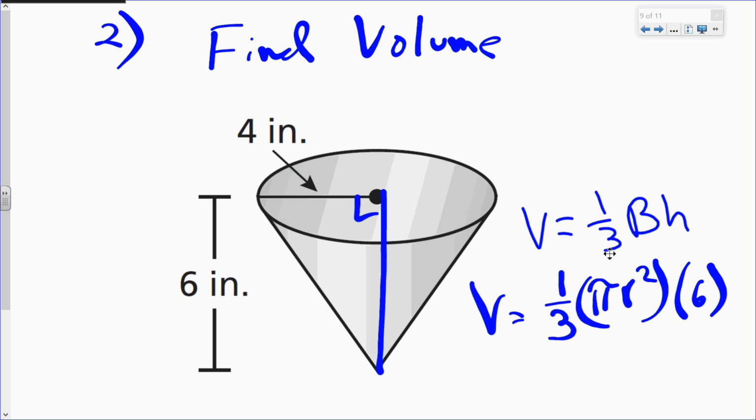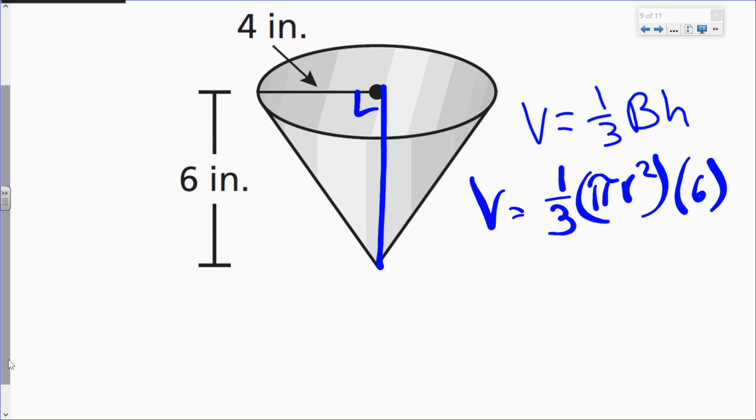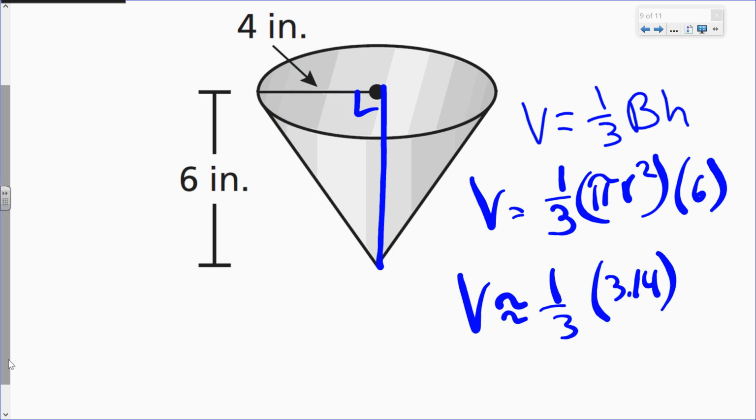All right. So the volume then is approximately 1/3 times 3.14 times the radius, in this case 4, squared times 6. Okay?